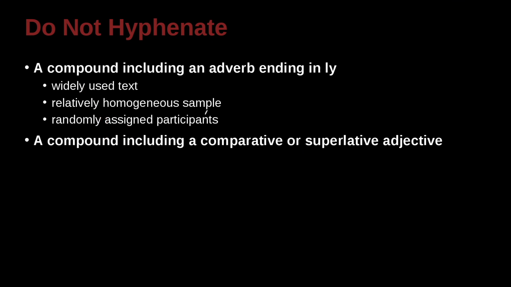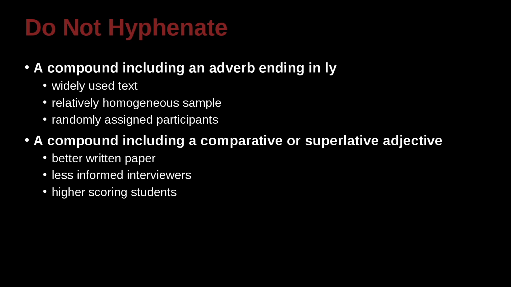A compound including a comparative or superlative adjective, such as better written paper, less informed interviewers, higher scoring students. So it's similar, but here what we're saying is that higher has its own meaning.